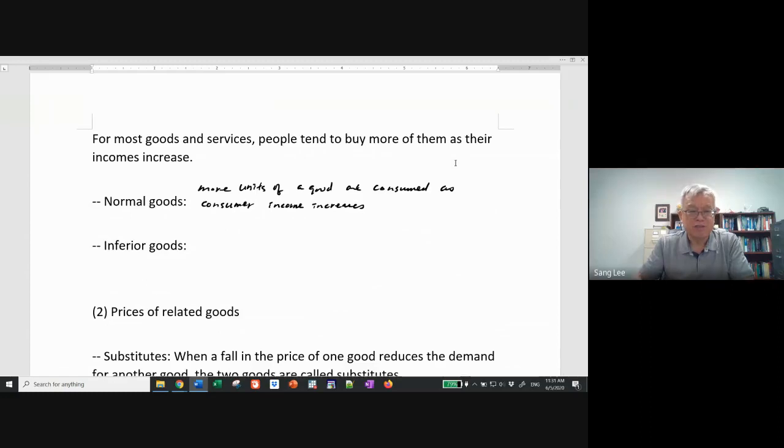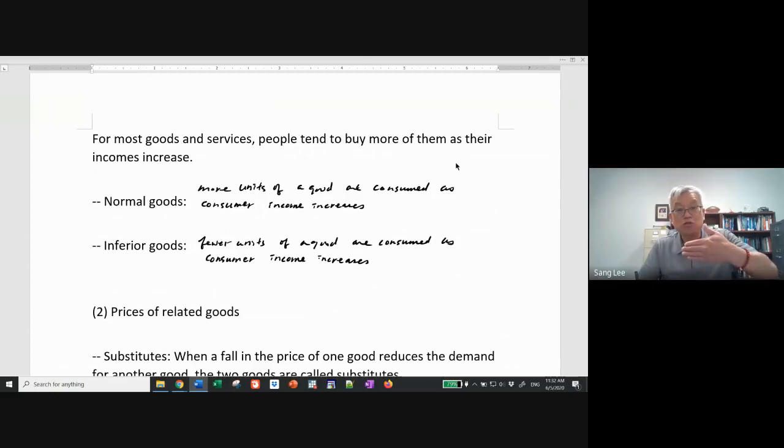Now, inferior goods, this is quite rare, but that means fewer units of a good are consumed as consumer income increases.